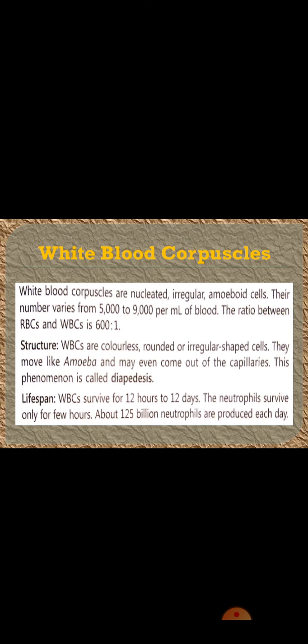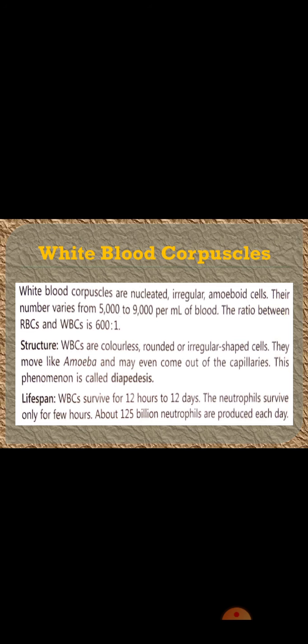WBCs survive for 12 hours to 12 days, meaning it depends on the working; there are some types of cells which may live 12 hours and some are alive for 12 days. If we talk about the neutrophil, these cells survive only a few hours, and about 125 billion neutrophils are produced each day.